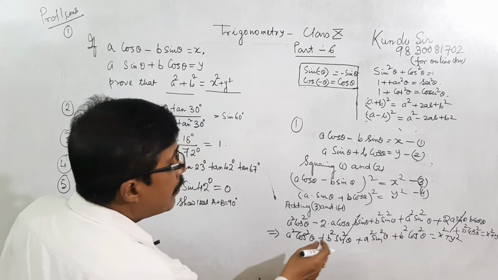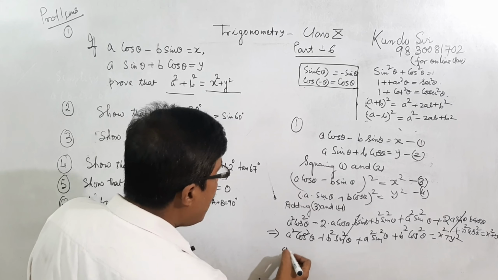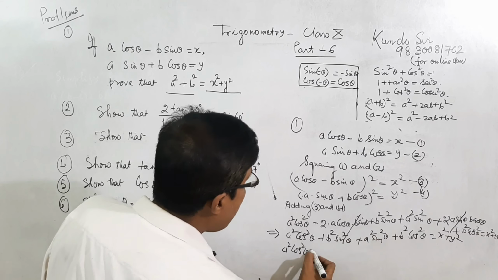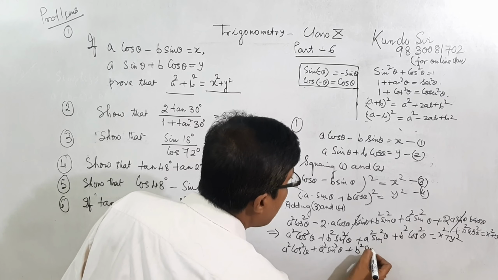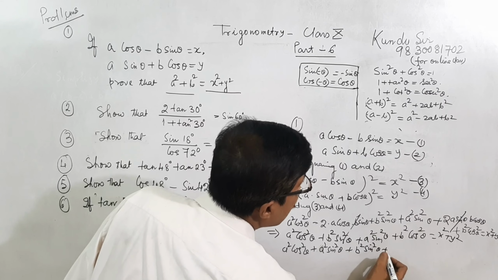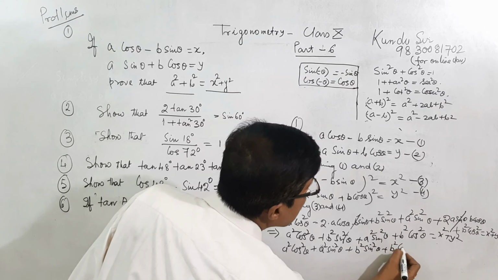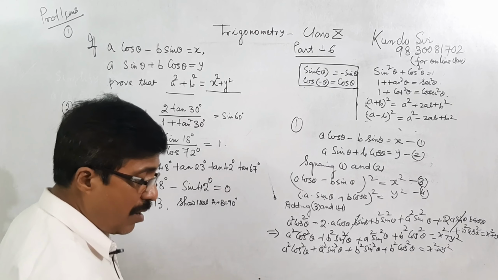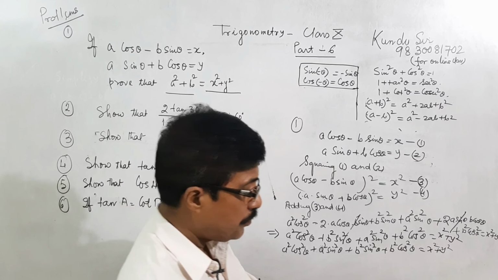We arrange a square cos square theta plus a square sin square theta, and then b square sin square theta plus b square cos square theta equal to x square plus y square. Clear?